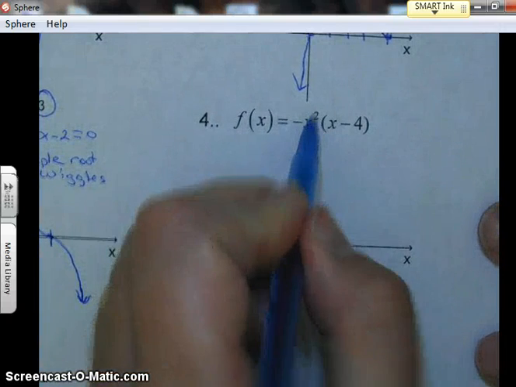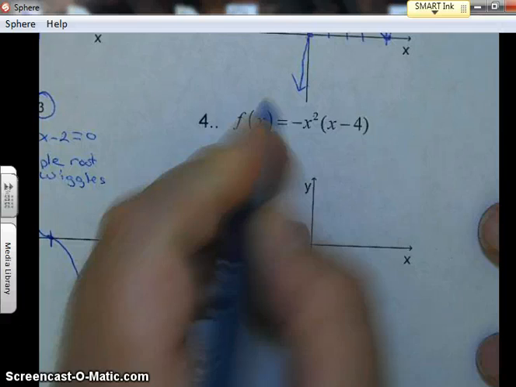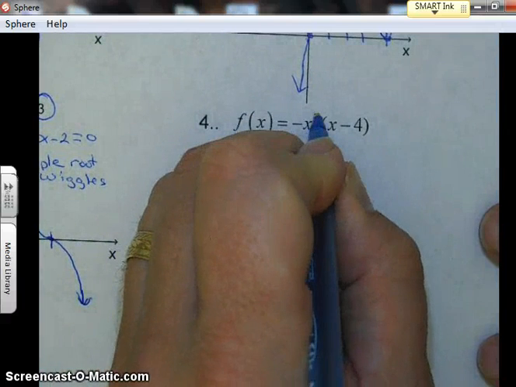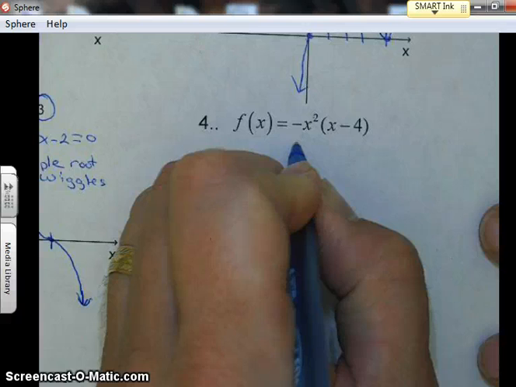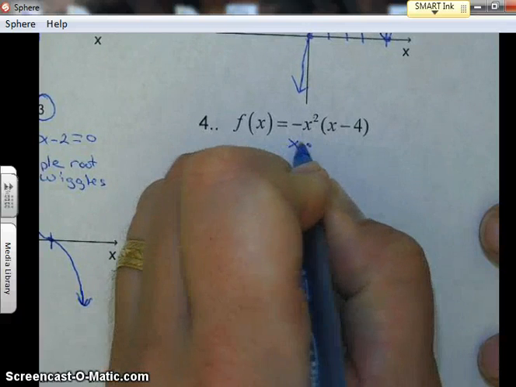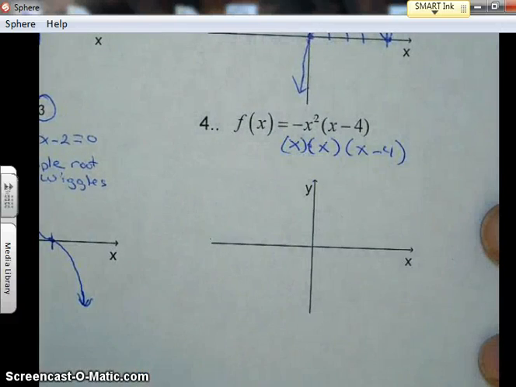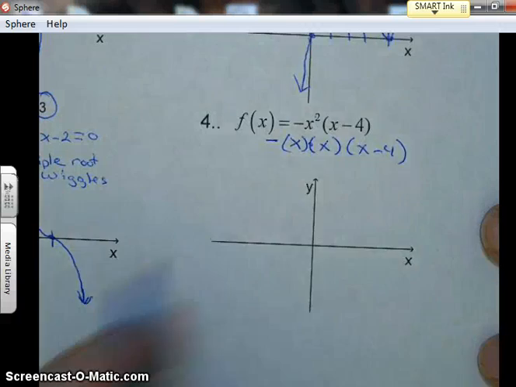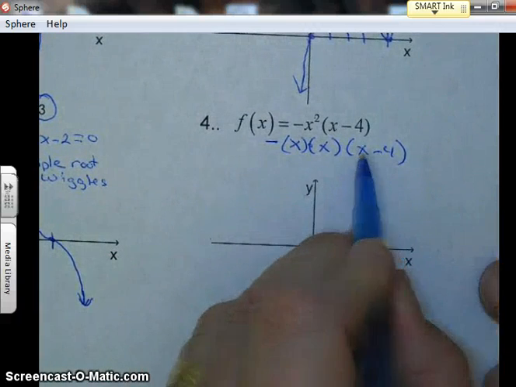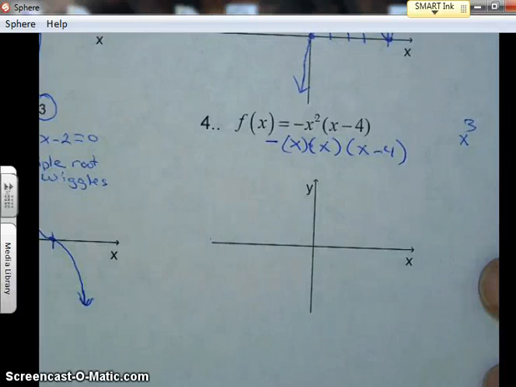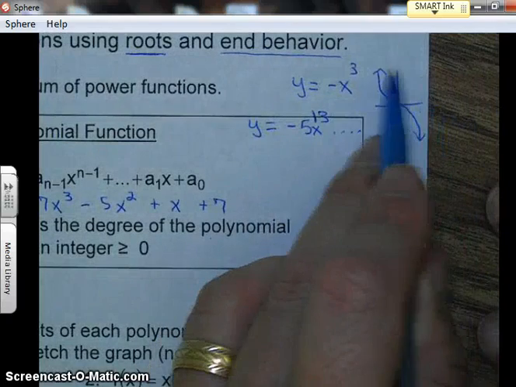Okay? So, number 4. Notice x squared, that's 2 x's. So that means we have x times x minus 4. And we got a negative out front. So x times x times x, we have an x cubed, and it's negative. So it's going to resemble this one: up on the left, down on the right.